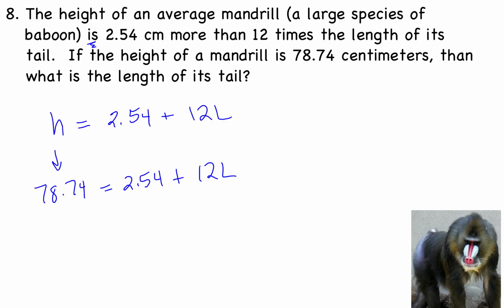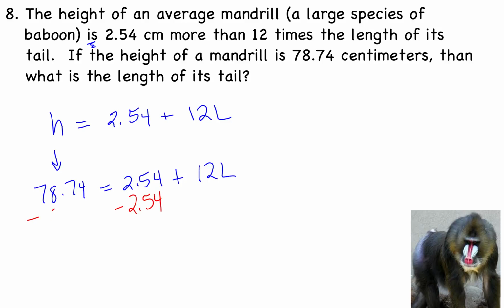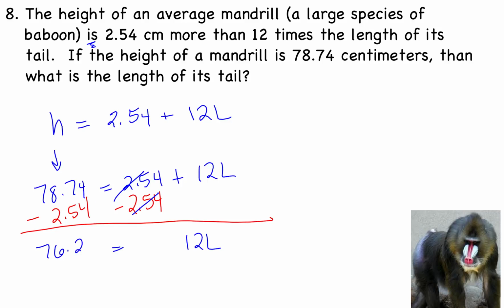Well, we're trying to get L alone, so we want to do the opposite or the inverse operation. This 2.54 is being added, so we want to subtract 2.54 from both sides. When we do that, we are left with 12L is equal to, these add to 0, right? 78.74 minus 2.54 gives us 76.2.